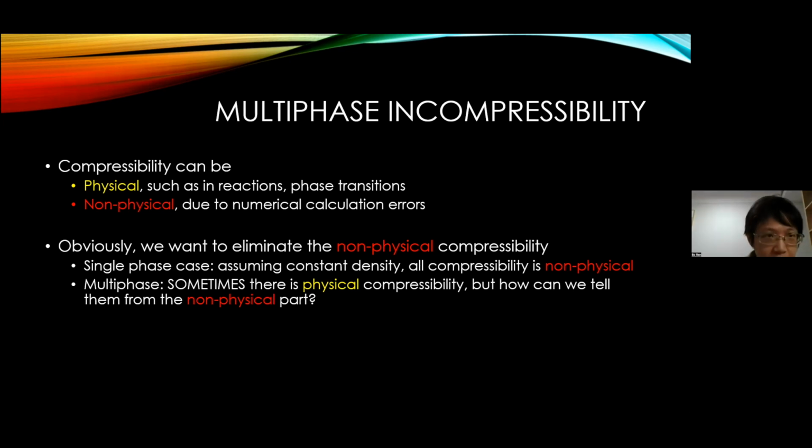If we think about it more carefully, we can see that the compressibility can be physical, because if we have reactions or phase transitions, water can turn into gas. We observe it in our daily life, but in our simulation, it's kind of extreme.